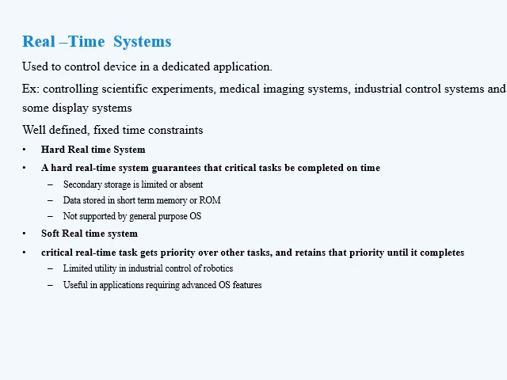Whereas in a soft real-time system, the real-time task gets priority over other tasks and retains that priority until it completes, but it is not for some critical assignment.